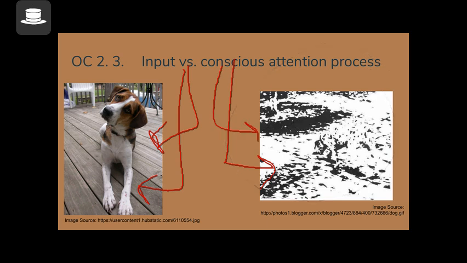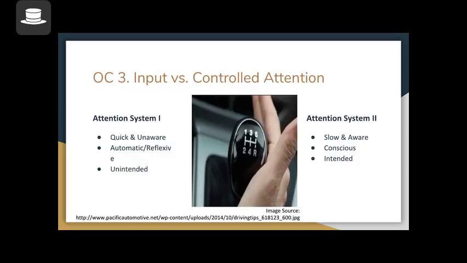Now, to talk more about the differences between these two systems, attention system 1, or the input attentional system, is quick, and you're unaware of it till you've done it, right? Whereas attention system 2 is slower and you're aware of it. Attention system 1 is more automatic, almost reflexive, whereas attention system 2 is more conscious.